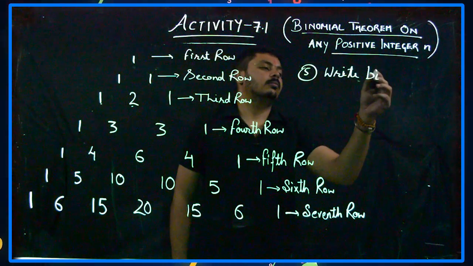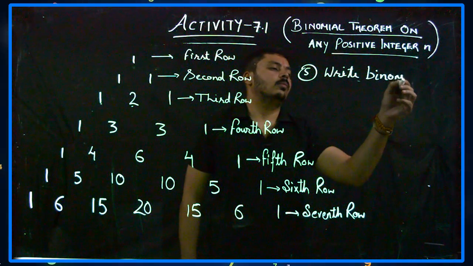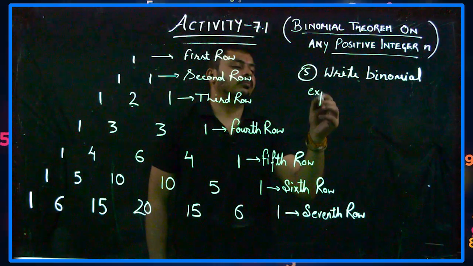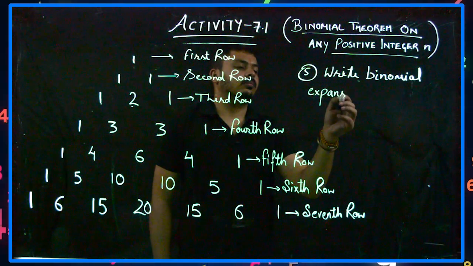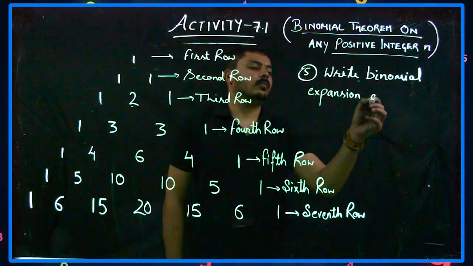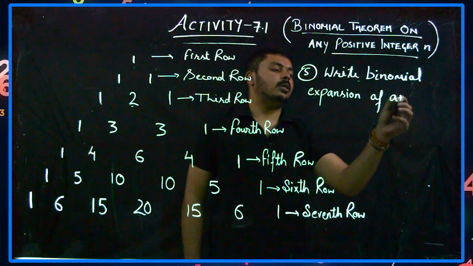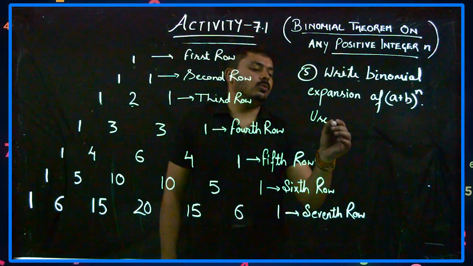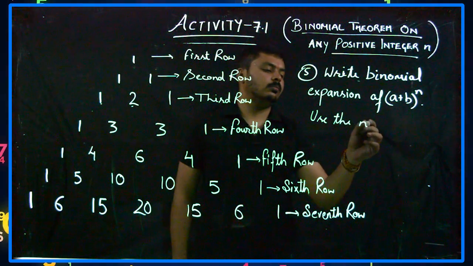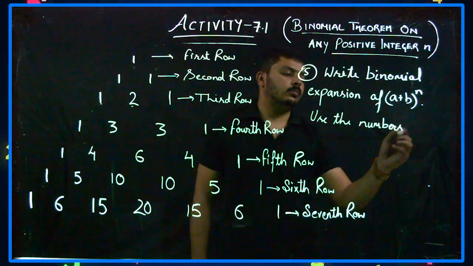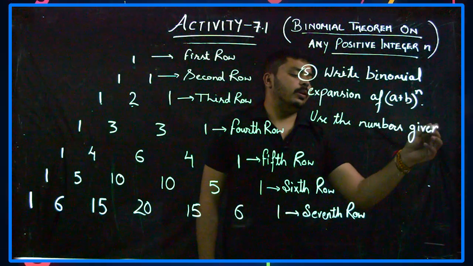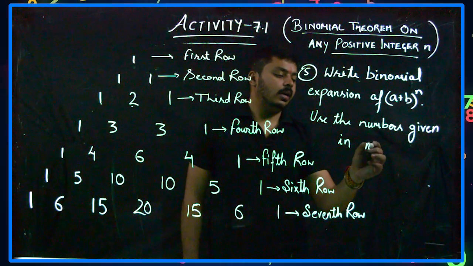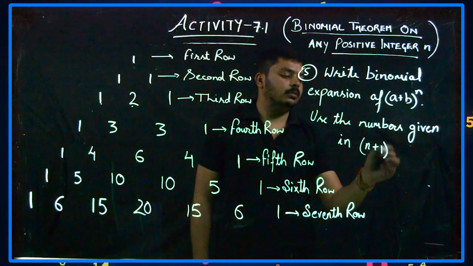Write binomial expansion of a plus b to the power n. Use the numbers given in n plus 1th row.